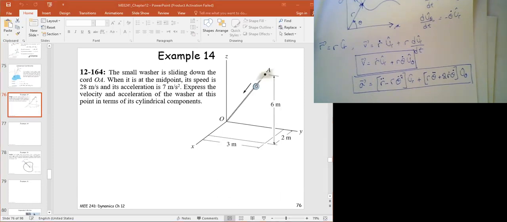Let me draw this for you. So here, this is my R. This is my UR here, and my theta is going to be like that.